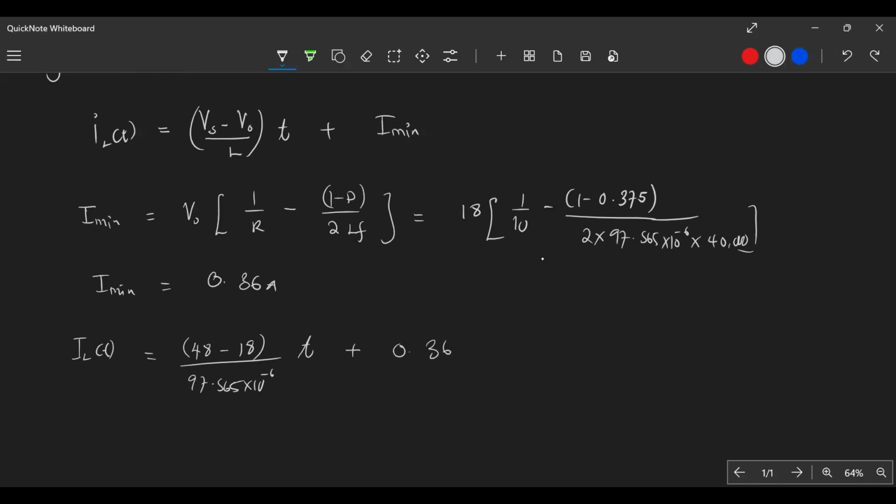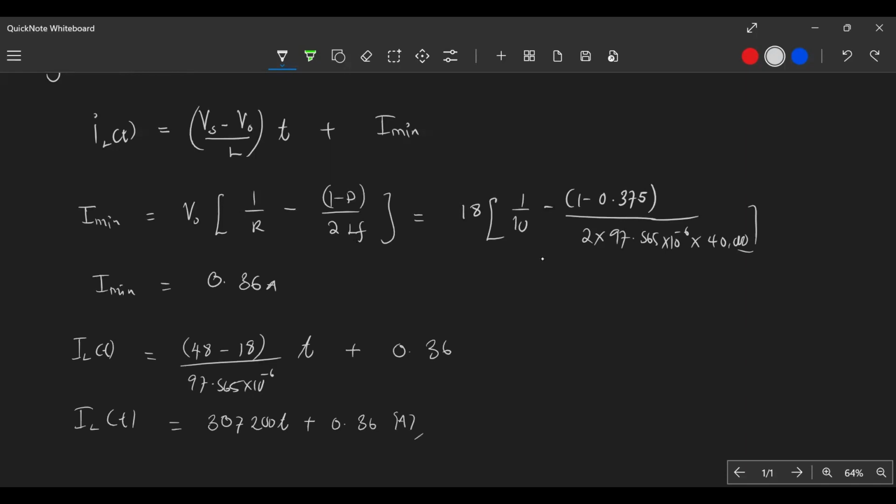If you simplify this, you find that the inductor current is equal to 307,200 t plus 0.36. This is in amps, of course.